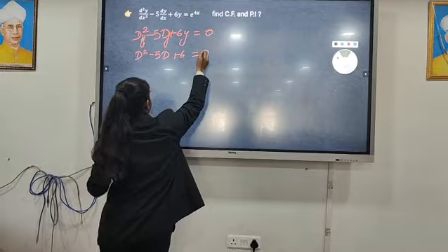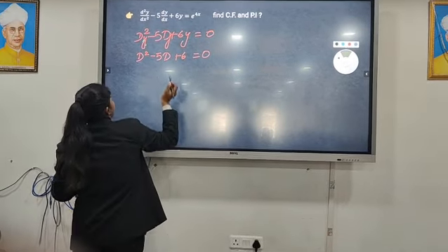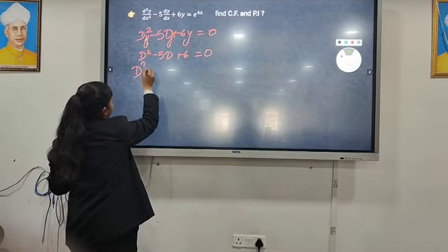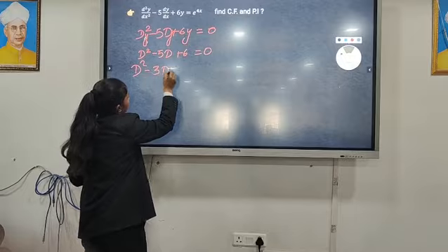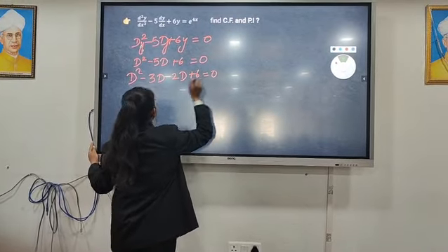For finding the roots, we will use middle term splitting, that is D square minus 3D minus 2D plus 6 equals 0.